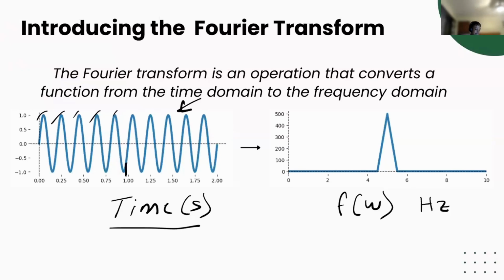So we see that it's 5. And then we look here at our frequency domain and we see that it's around 5 hertz. So you may think, what's the point of having this Fourier transform if I can just go ahead and count the frequency of my wave? And that's a very good point.